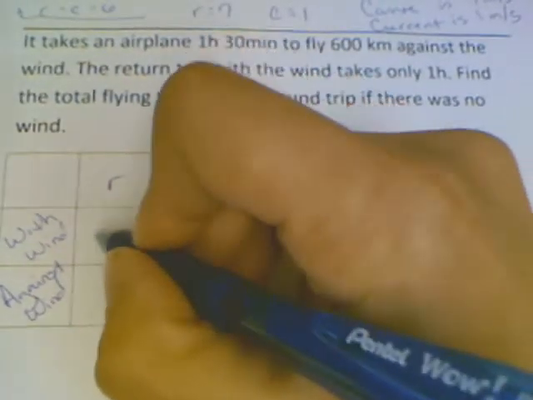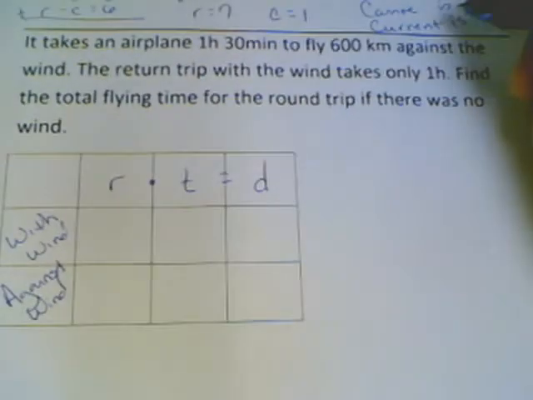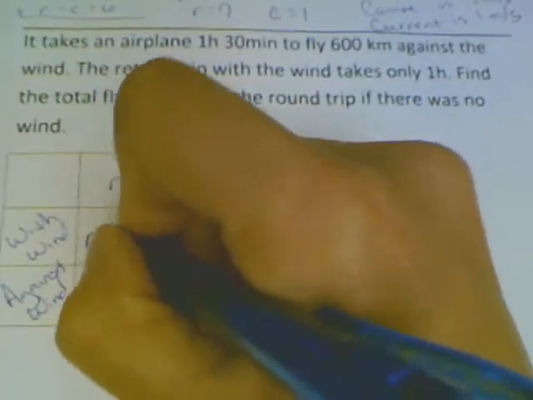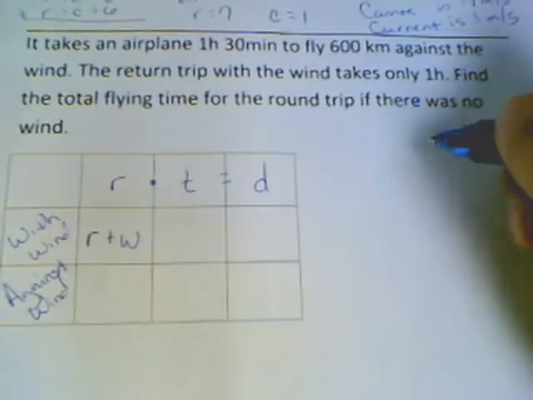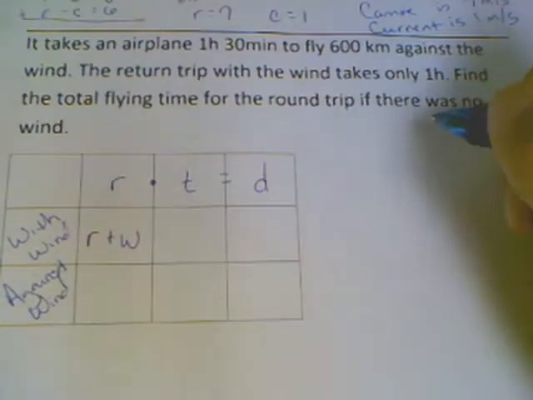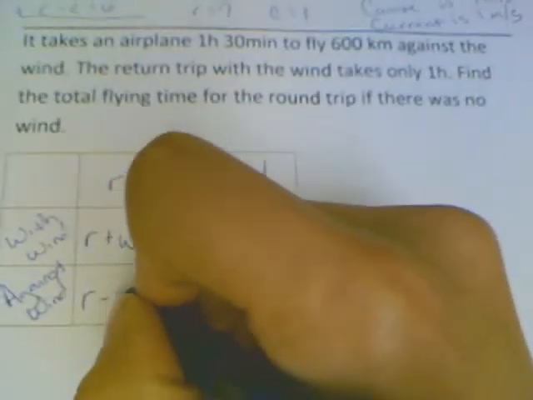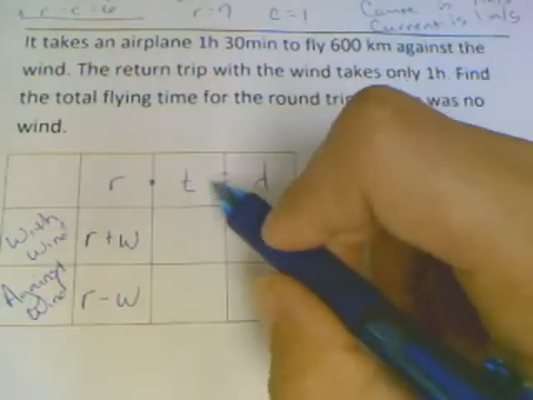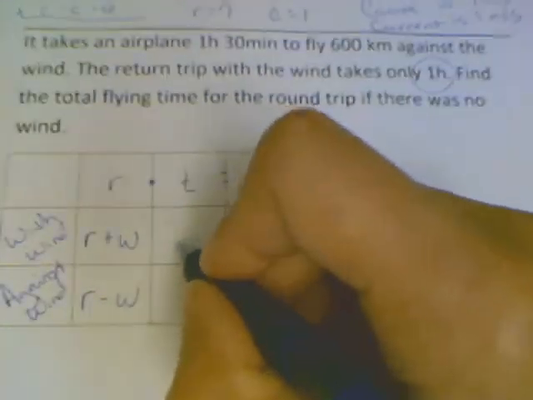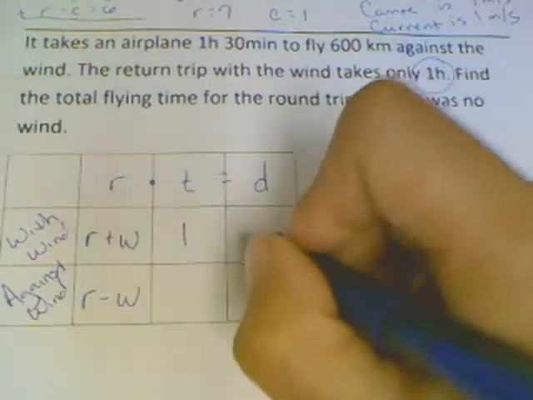My rate with the wind, I'm going to call R plus W, because the wind pushes us and we go faster, so we add the two speeds together. And against the wind will be R minus W. Time with the wind is during the return trip, and that only takes 1 hour. So with the wind, it only takes me 1 hour to go the 600 kilometers.